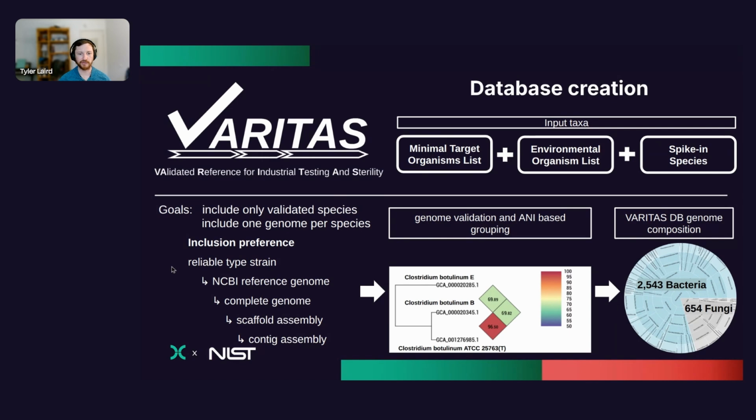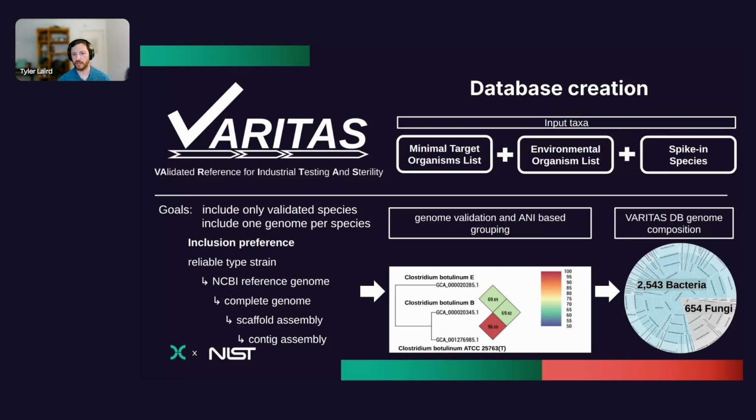So starting off, ideally we'd have a reliable type strain for each one of these genomes. If that wasn't available, we moved on to a NCBI reference genome, followed by a complete genome or a scaffold assembly. And if none of those were available, a contig assembly. Then taking all of those genomes, they were then subject to additional validation and ANI-based grouping.